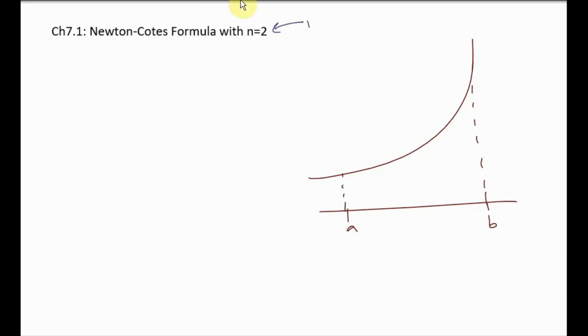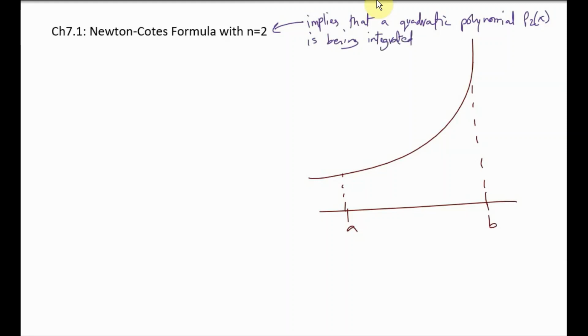This implies that a quadratic polynomial P2 of x is being integrated. So first we have to find a quadratic interpolating polynomial. For a quadratic polynomial we need 3 points. We need 3 nodes.